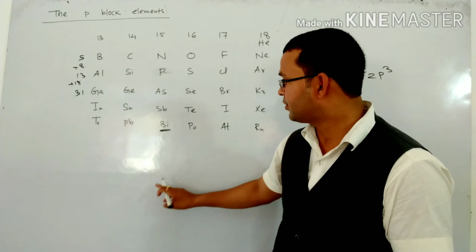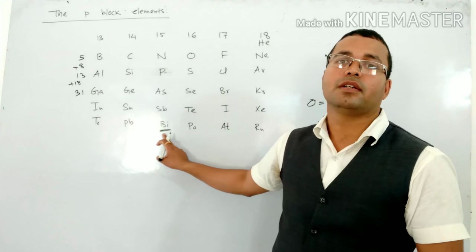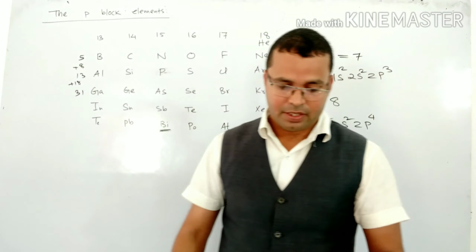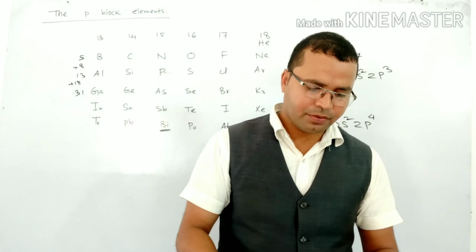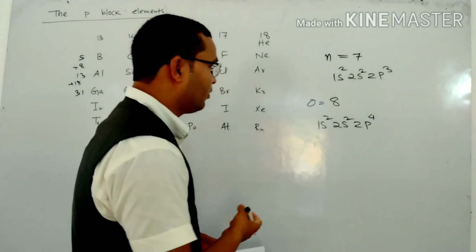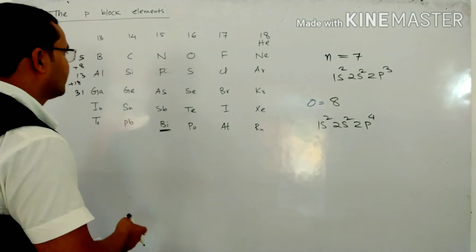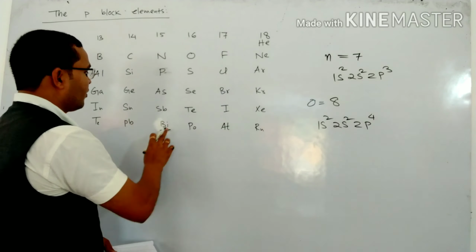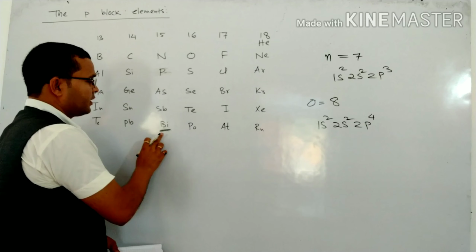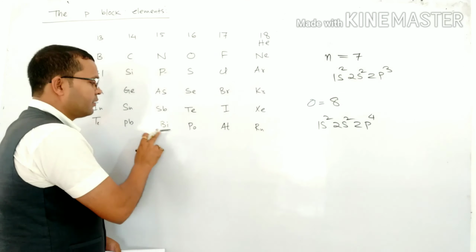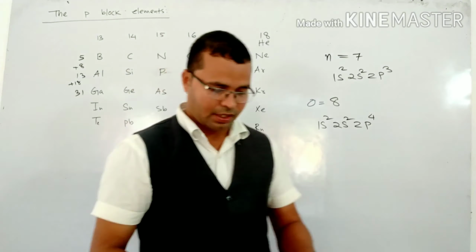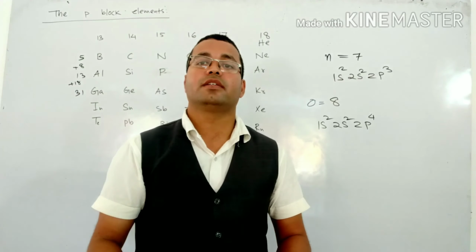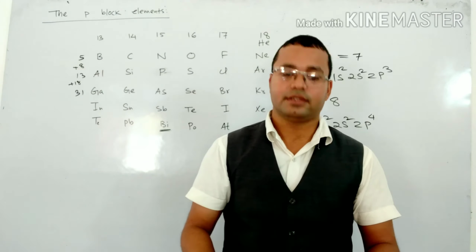Generally this question is asked: why does bismuth behave as a metal in spite of being part of the non-metals? And next is non-metallic character, because p-block elements are generally non-metals. So non-metallic character increases left to right and decreases going down the group. So in this group, bismuth has the lowest non-metallic character, which means what? Highest metallic character. Electronegativity, same: left to right increases, going down the group decreases.